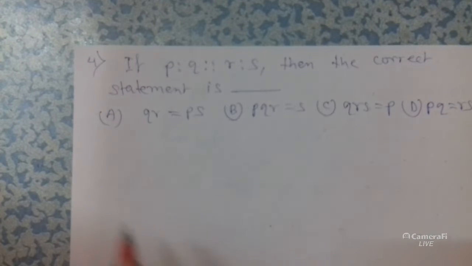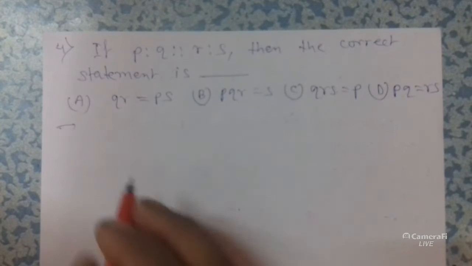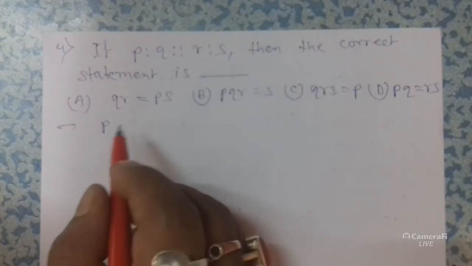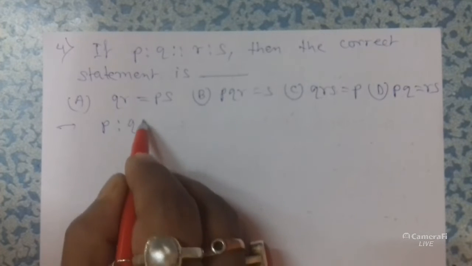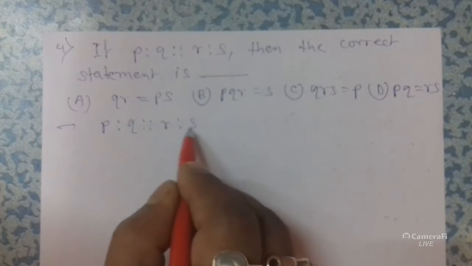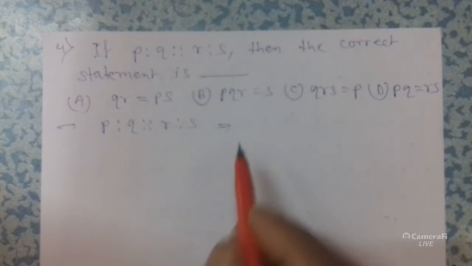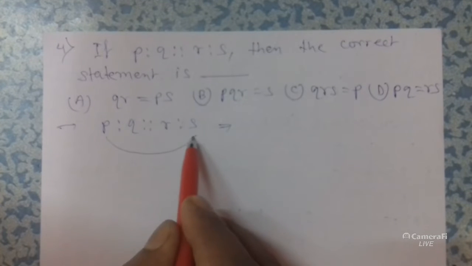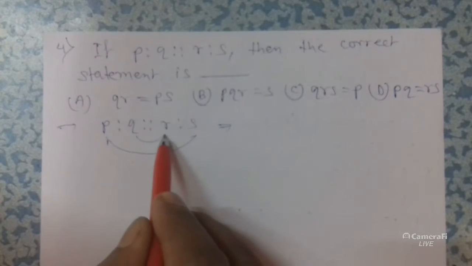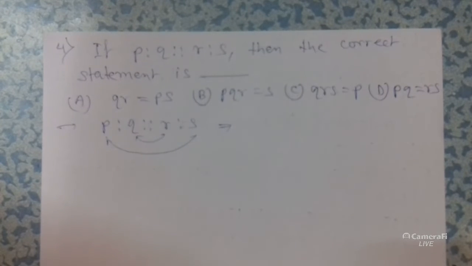So if it is P is to Q and R is to S, we can write that product of extremes is equal to product of means.